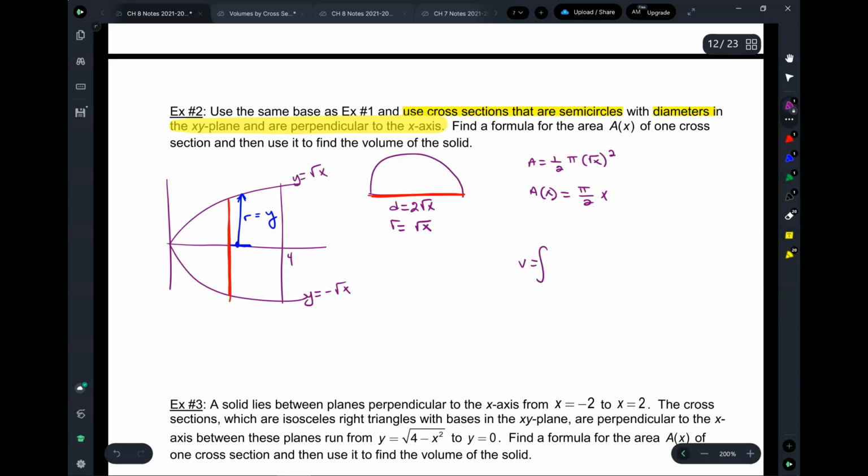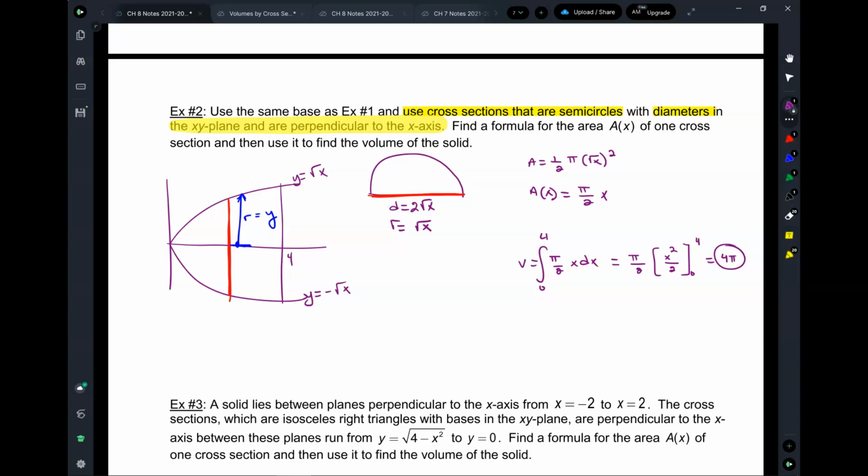So volume goes from 0 to 4, pi over 2 x dx. So that's going to be pi over 2, x squared over 2, from 0 to 4. So here are those integrals again, and that's 4 pi, okay? You can never get away from those integrals.